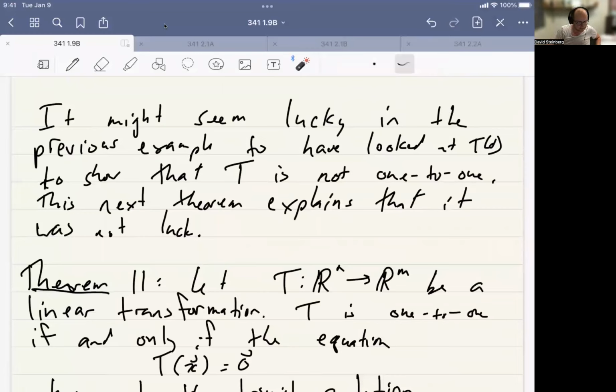I think we wanted T of X equal to 0, actually, to show that T is not one-to-one.